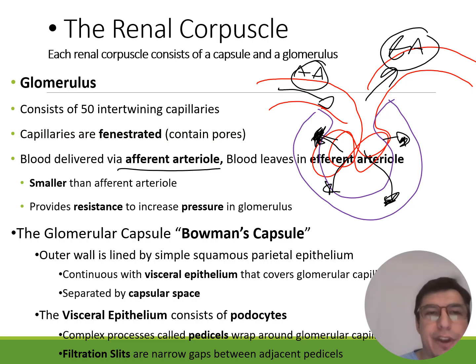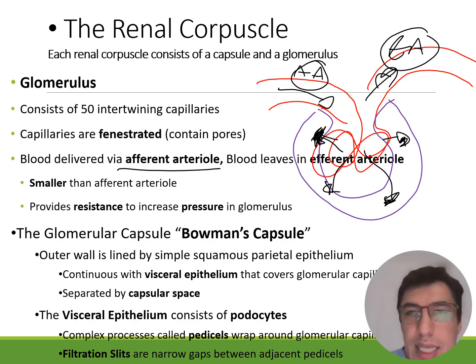Oftentimes, the efferent arteriole is smaller than the afferent arteriole, and that is because you want to increase filtration. The only way you can increase filtration is by reducing the size of that efferent arteriole.